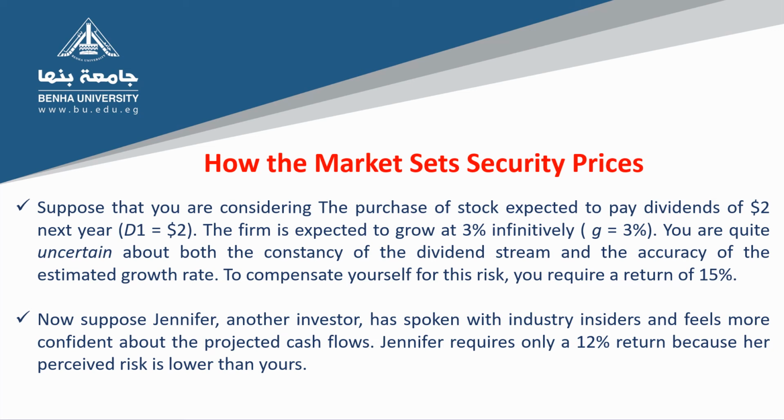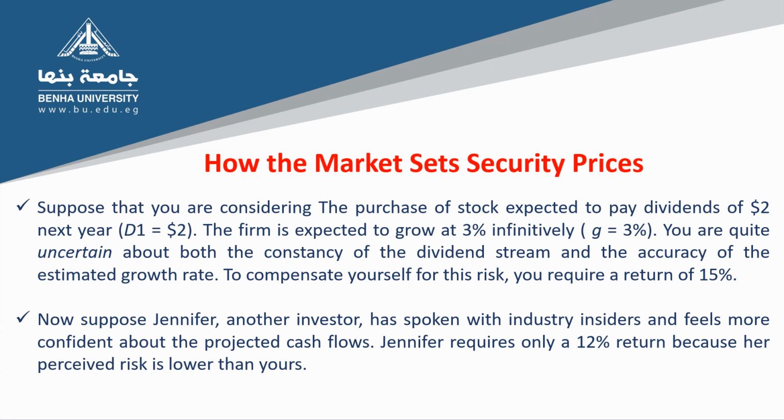You are quite uncertain about both the constancy of the dividend stream and the accuracy of the estimated growth rate. To compensate yourself for this risk, you require a return of 15%.